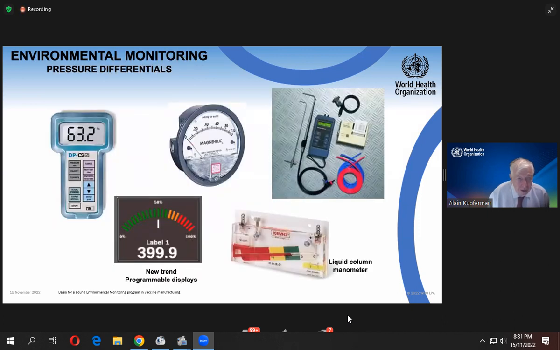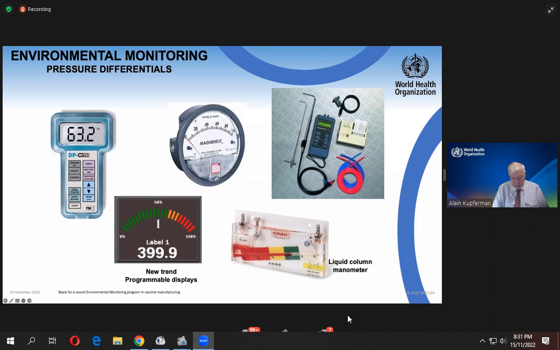So it depends again what you want to test, how you want to test, and also how much money you have. The other thing that we monitor is the pressure differentials, because you want to keep your room, depending on if you have a live, toxic, infectious, or sterile material, in over or under pressure relative to something else. So what you know best is the magnehelic. These are still liquid column manometers. These are old systems, but very cheap.